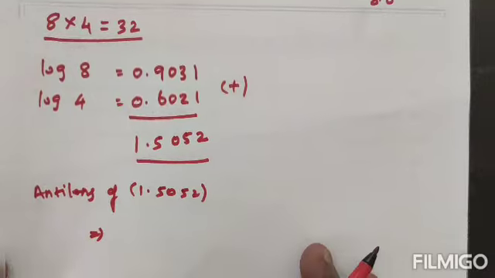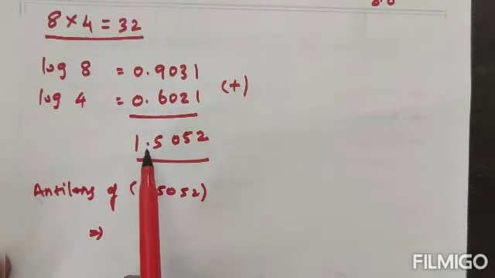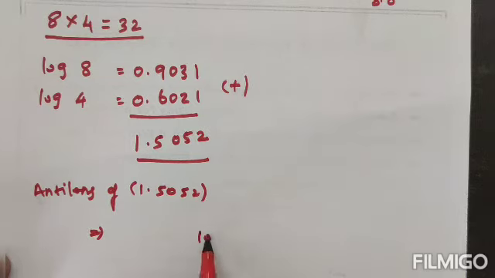The procedure: before the decimal the number is 1, that means we write 10 power 1. Here 1 means 10 power 1, 2 means 10 power 2, 4 means 10 power 4. Here 1 is there, so I can write 10 power 1.